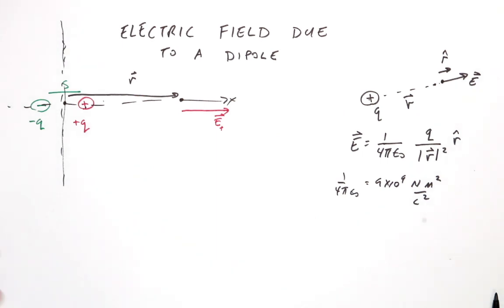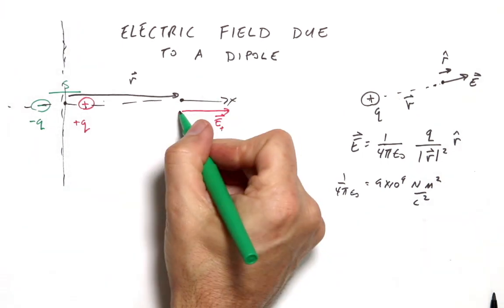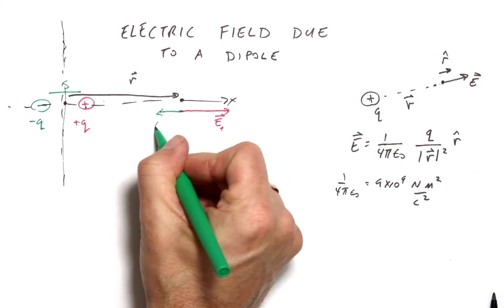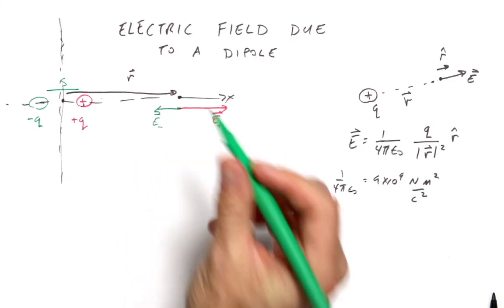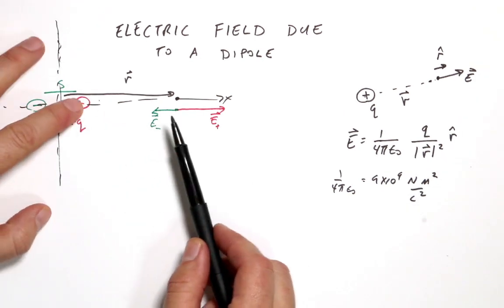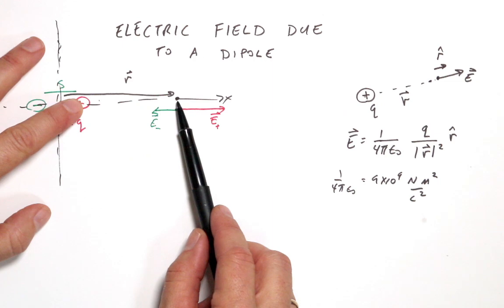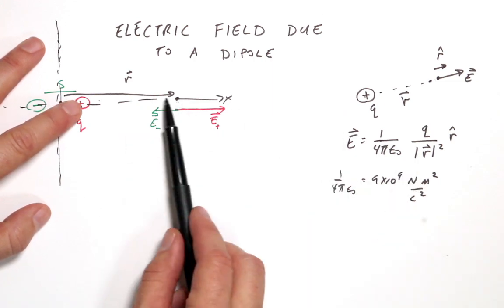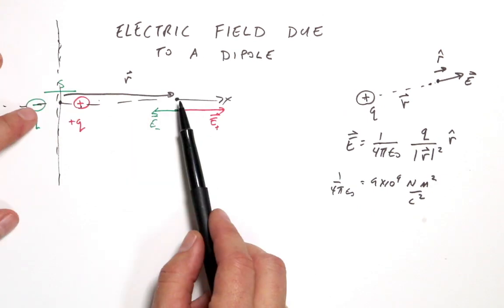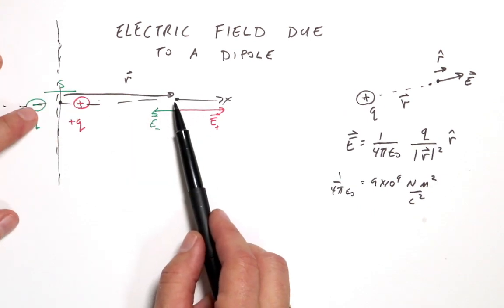And then I have E negative. You'll notice that the positive charge is going to be closer to the point of observation, so its r is smaller and it makes a greater electric field than the negative charge, even though that one is a little bit further away.